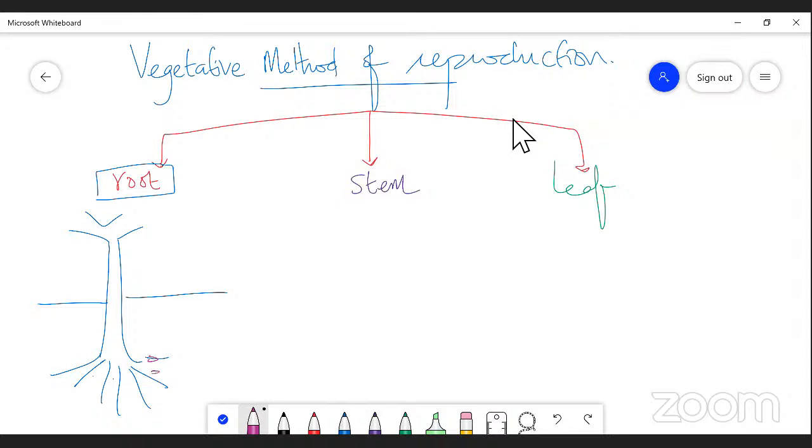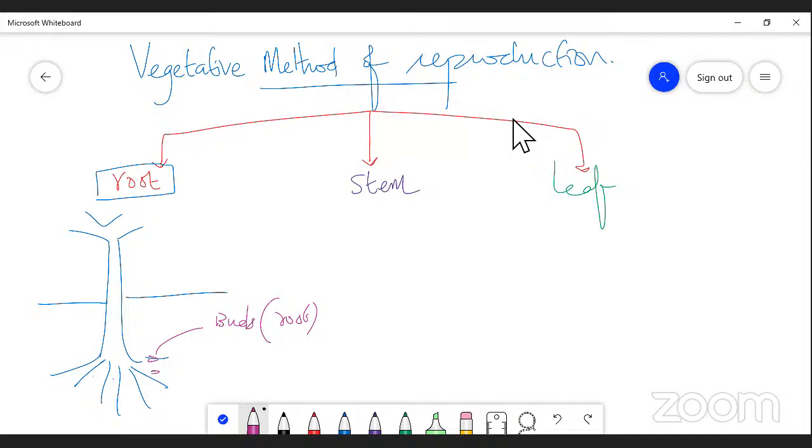Some buds are formed from the root. The buds which develop from the root grow and form a stem. That is called vegetative reproduction from root.